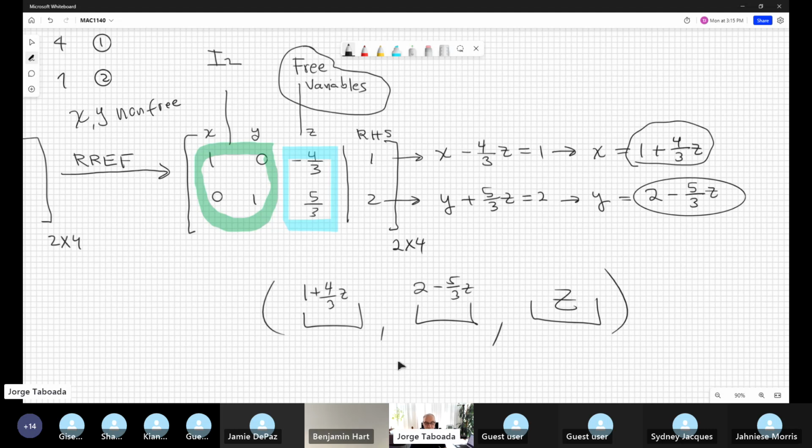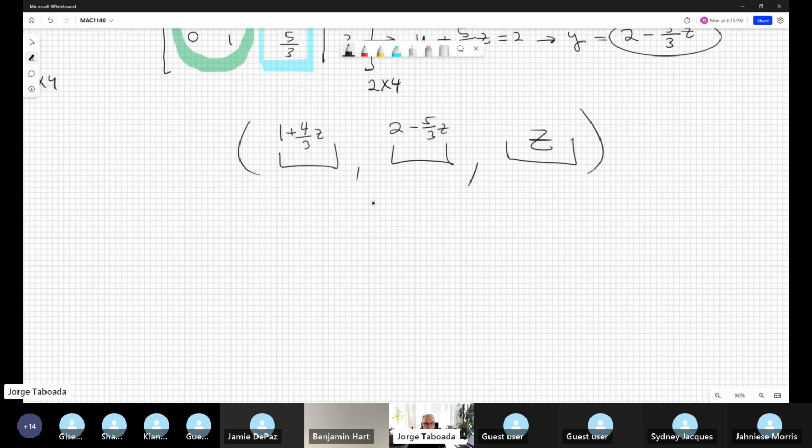Let me write it in an elegant way that everyone understands: 1 plus 4 over 3z, comma, 2 minus 5 over 3z, comma, and z is a free variable.